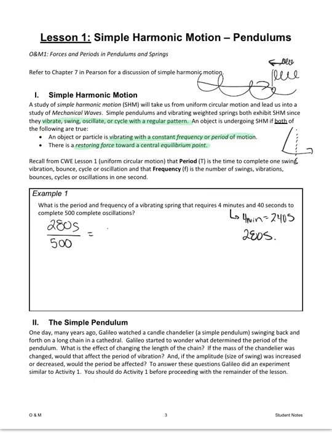So we get T from this: 280 seconds divided by 500 oscillations means that it takes 0.56 seconds to complete one oscillation. If you're not sure exactly how I got that, you could set this up as an equivalent fraction where 280 seconds over 500 oscillations is equal to some number of seconds over one oscillation.